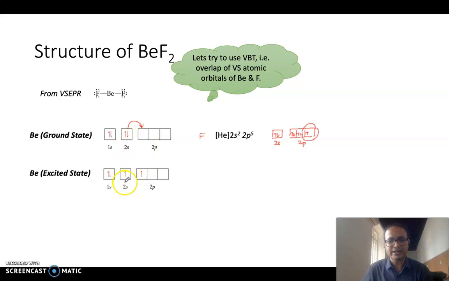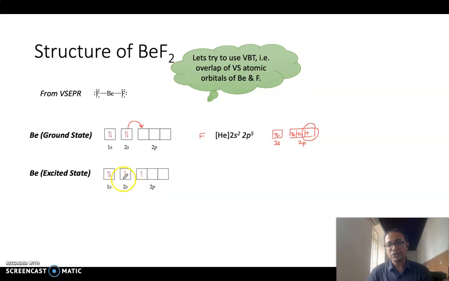When we unpair and excite the electron to the 2p orbital, we get two unpaired electrons, one in the 2s and one in the 2p orbital. Now beryllium can form two bonds with the two fluorine atoms very easily.